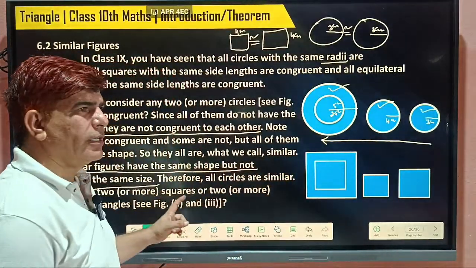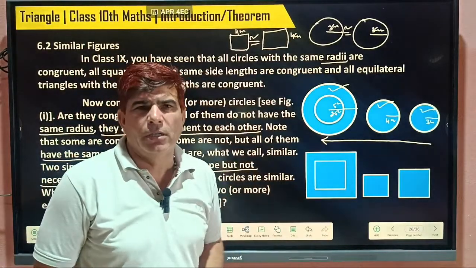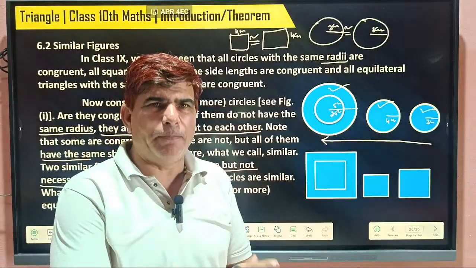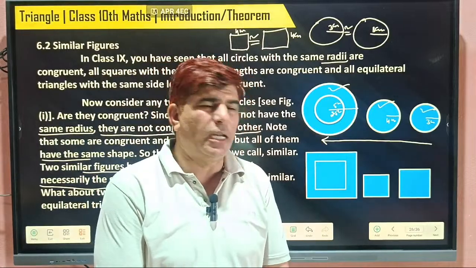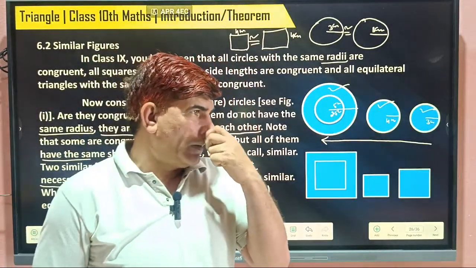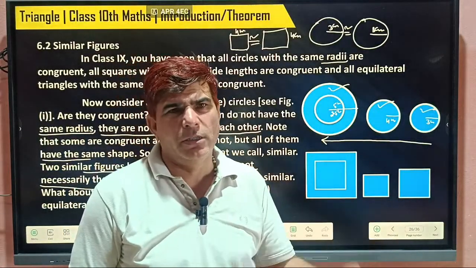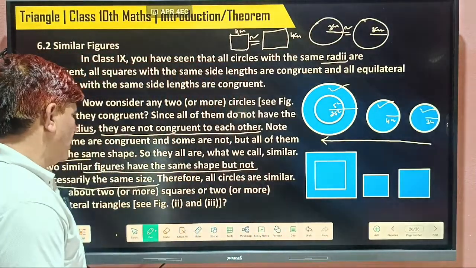What about equilateral triangles? They may or may not be congruent, but definitely they are similar. If their shape and size are the same, they are congruent. If their size is different, they are similar. So all congruent figures are similar, but similar figures need not be congruent.